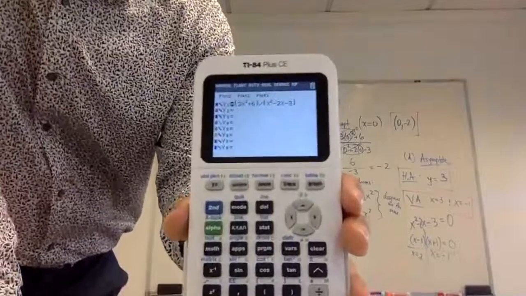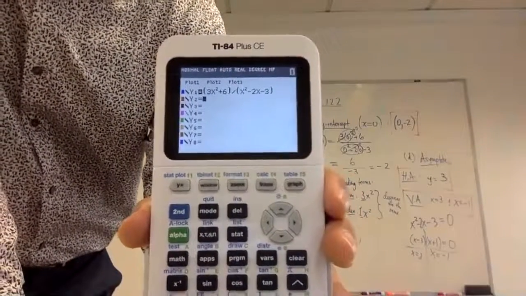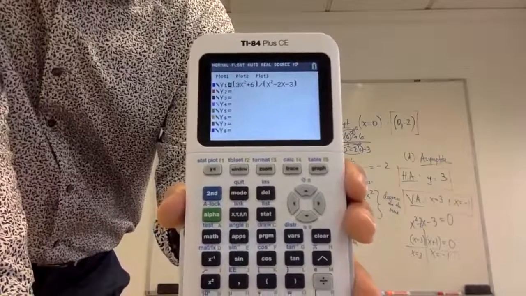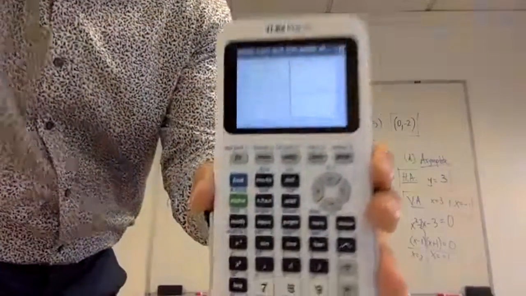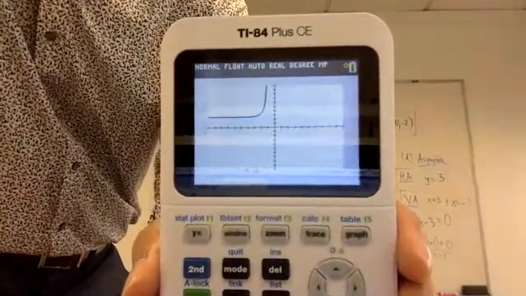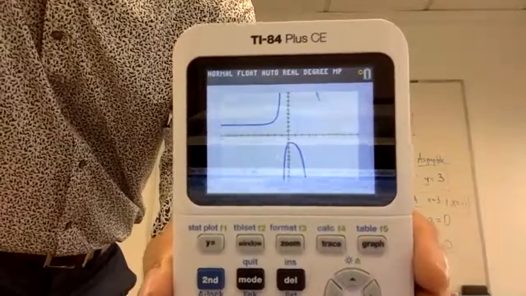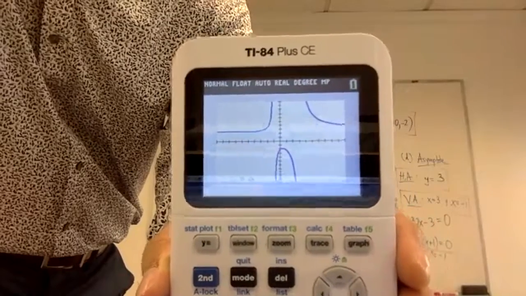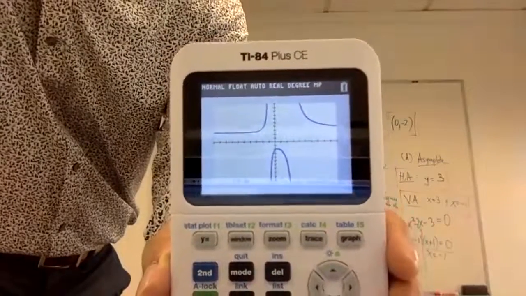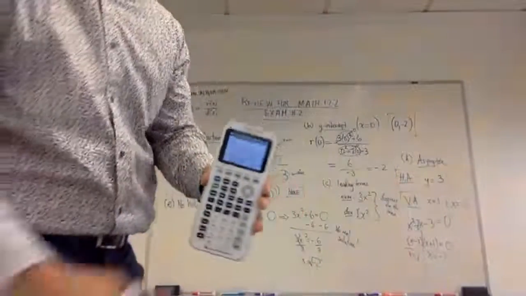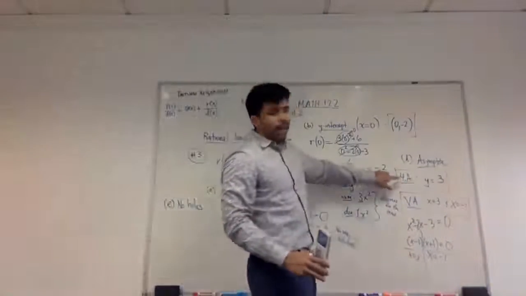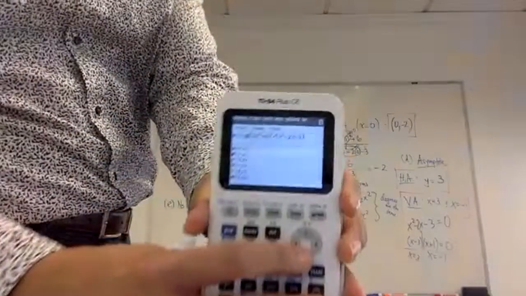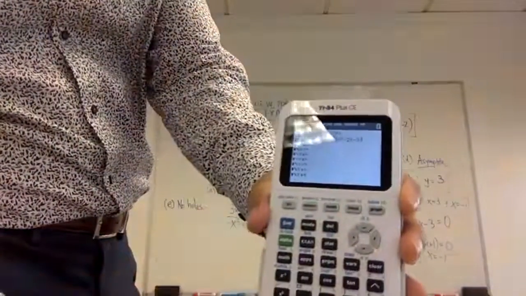I put my numerator in parentheses, my denominator in parentheses, and I graph. I get a kind of strange graph here. So let's talk about it a little bit. Additionally, I'm also going to graph the horizontal asymptote, and that's pretty simple. All I have to do is say y equals 3.